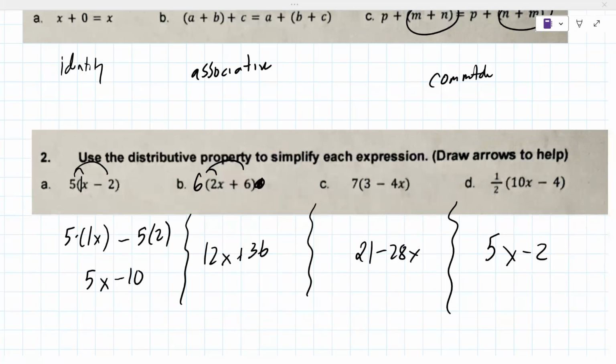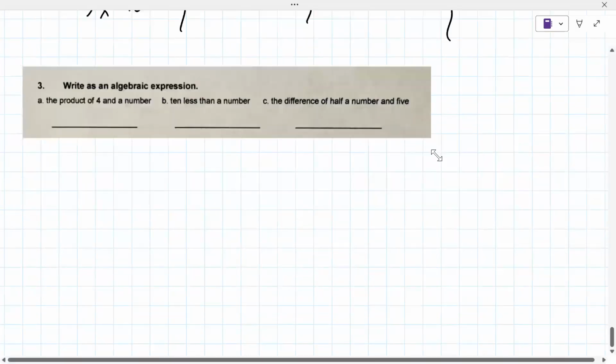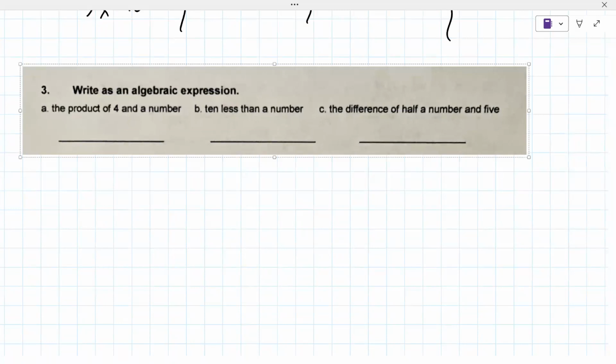So number 3 here, probably best if you try to write them out, and then I can check you.